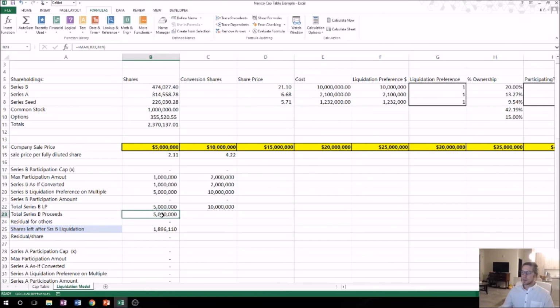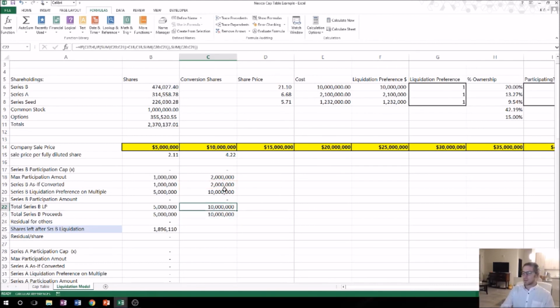Okay, so now the total Series B proceeds, as you can see here, is just the max. So let's pick out the maximum figure between the total Series B liquidation preference or the Series B as if converted. So basically it's saying, are we going to convert or are we going to take our liquidation preference? So max of this number or this number.